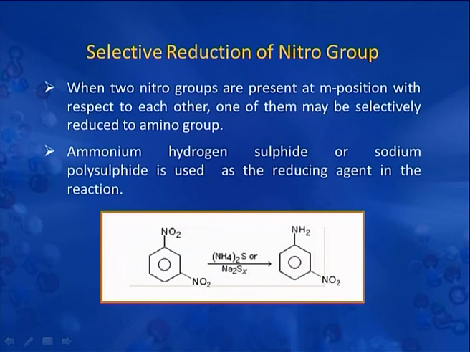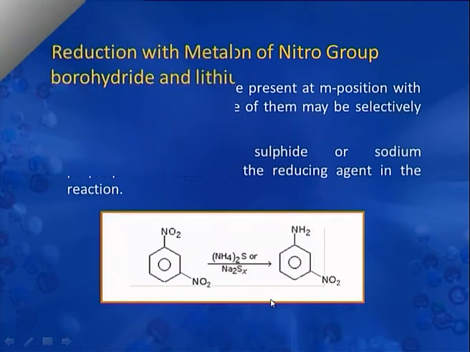We will now discuss the reduction of nitro group when we have two nitro groups at meta position with respect to each other. In this particular case, when the molecule is treated with ammonium sulphide or sodium polysulphide, one of the nitro groups is reduced selectively, leaving behind another nitro group unreduced. So, this is also an example of selective reduction of nitro group.